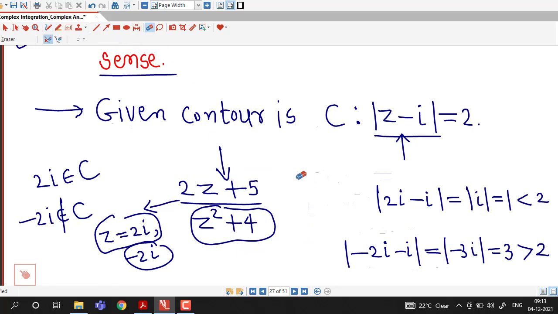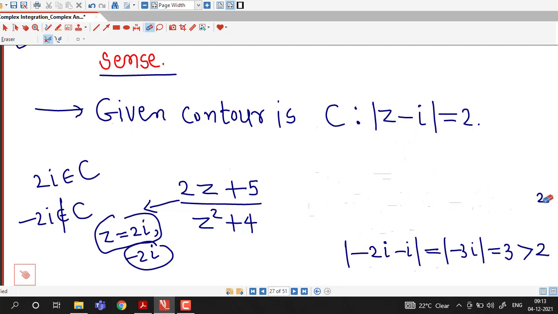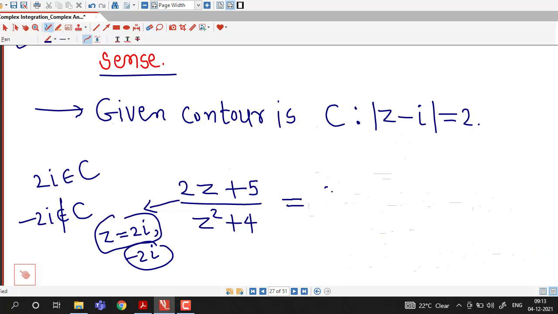So what we can do is rewrite our function (2z + 5)/(z² + 4).